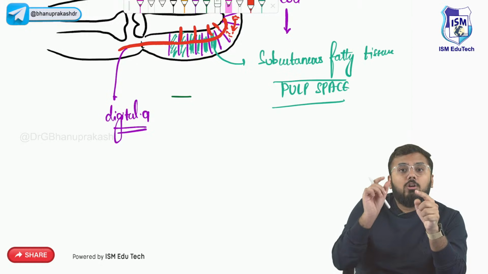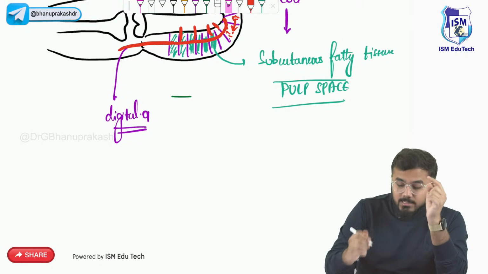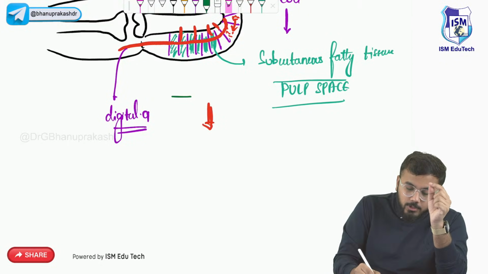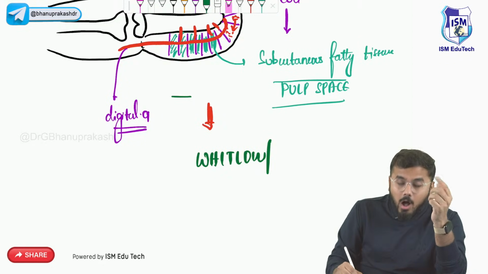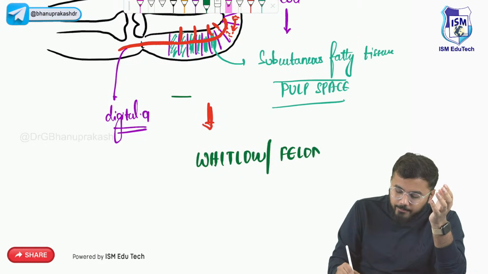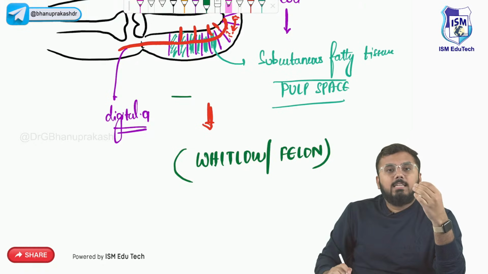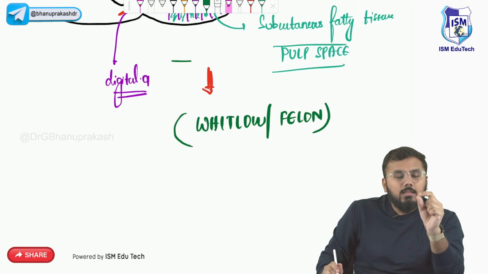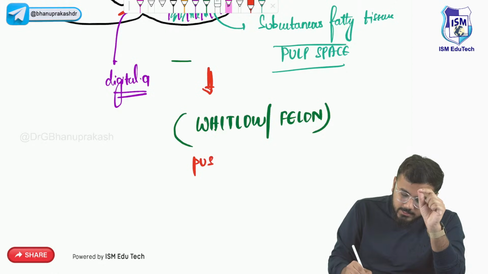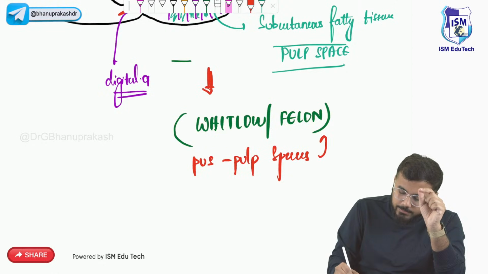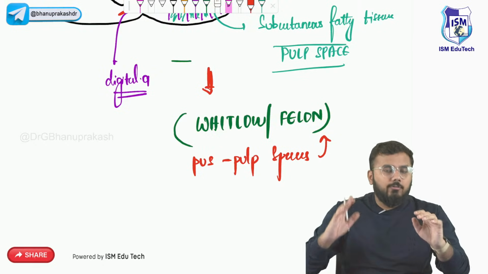If there is a lot of pus in this pulp space, that condition you call Whitlow, or you also call it Felon. Felon or Whitlow is nothing but pus within the pulp space of the digits.